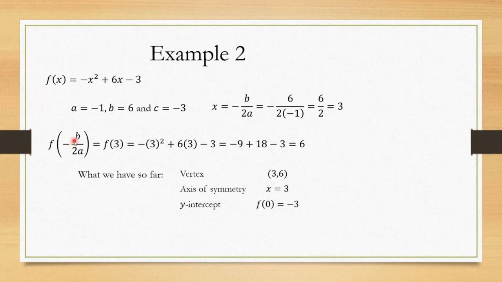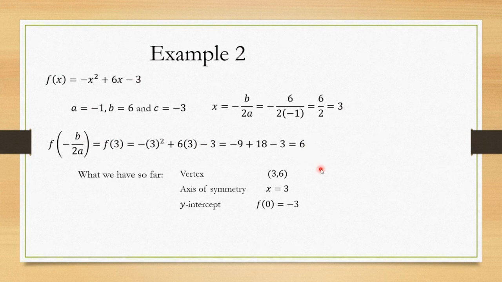So we have f of minus b over 2 times a. That's f of 3, right? Okay, so again, we're plugging 3 into our function. As you can see, we have minus 3 squared plus 6 times 3 minus 3. So that's going to be minus 9 plus 18 minus 3. That turns out to be 6.